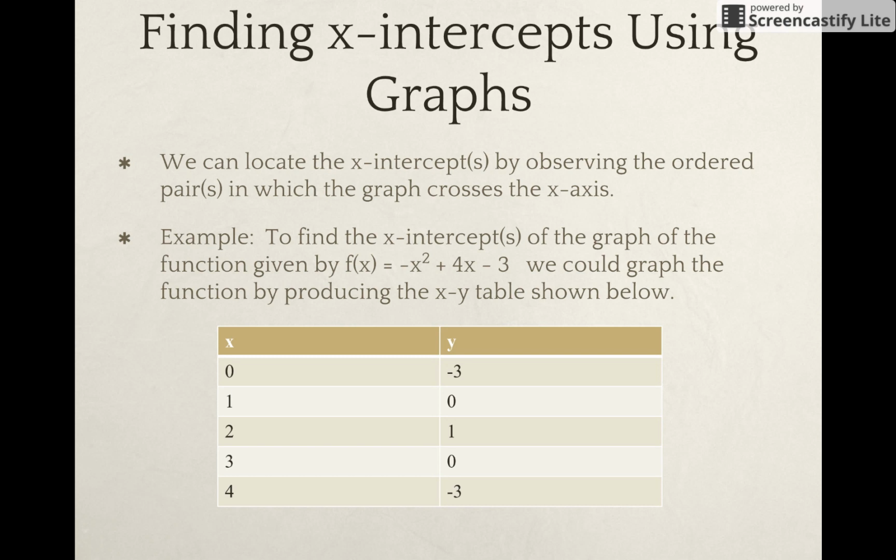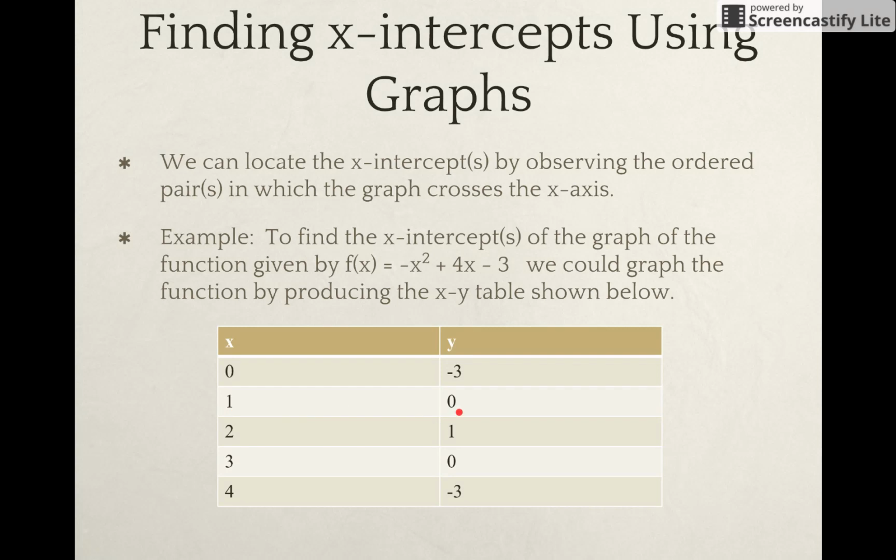Provided an xy table that has enough points on it, we could identify those intercepts using that table. Consider the function f(x) = −x² + 4x − 3, and we could look at the xy table below for that function. We see the y-intercept here as the ordered pair (0, −3).